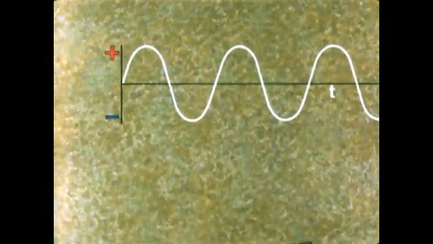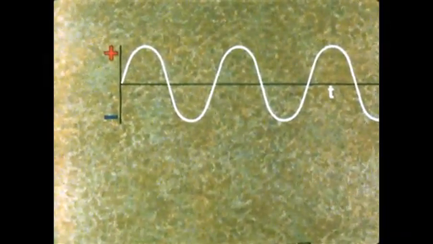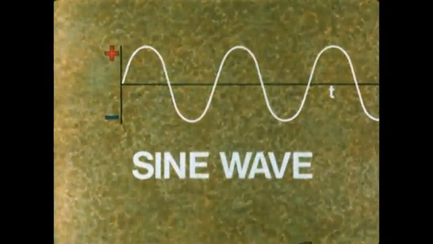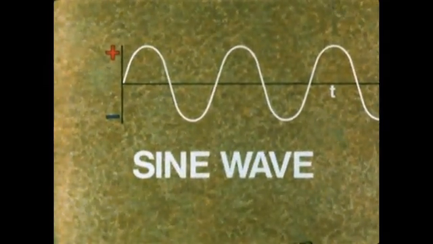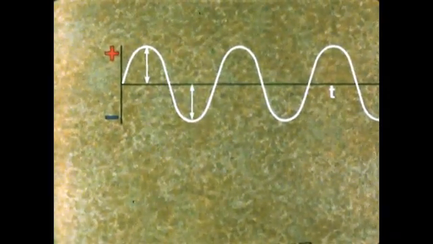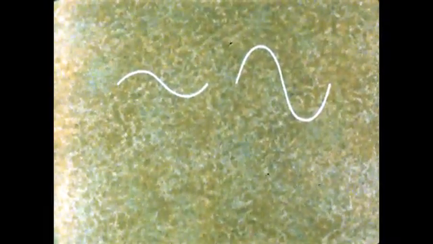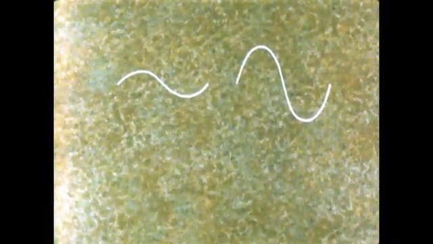So diagrams like this are often used to illustrate alternating currents and voltages. And as we heard, this particular one is called a sine wave. The peak value of the current, one way or the other, is called the amplitude of the wave. Sine waves representing AC can differ in amplitude depending on the peak values of the current.